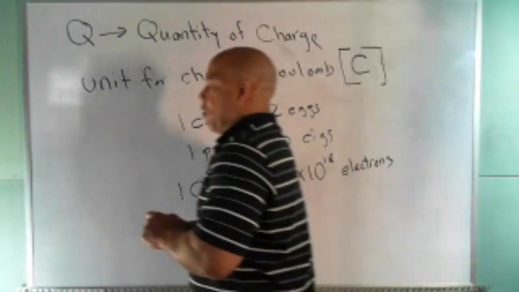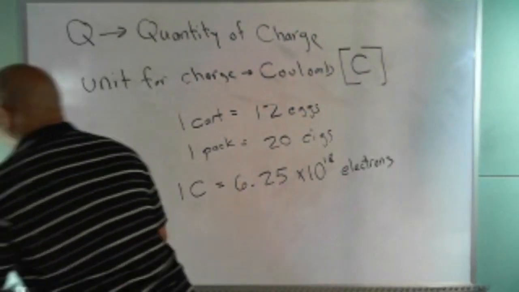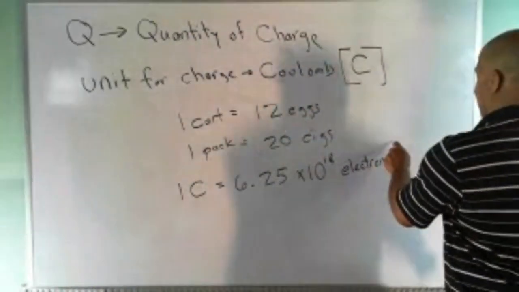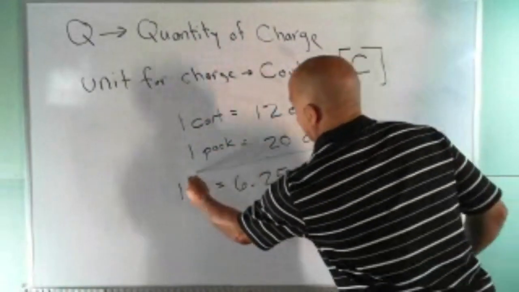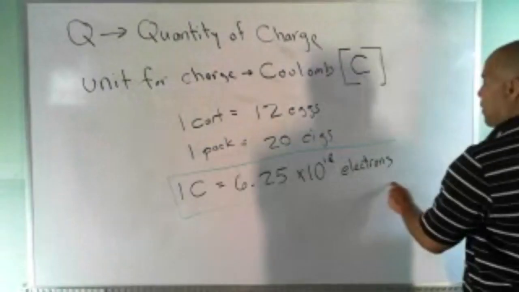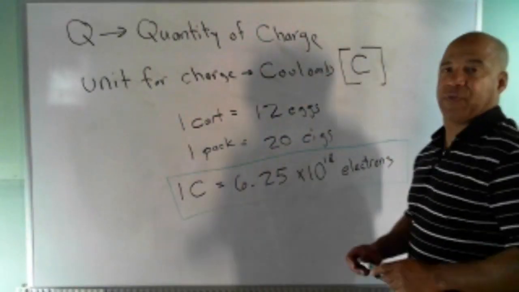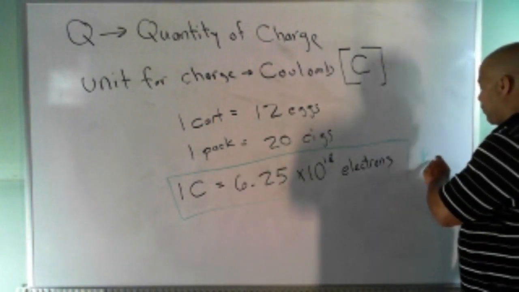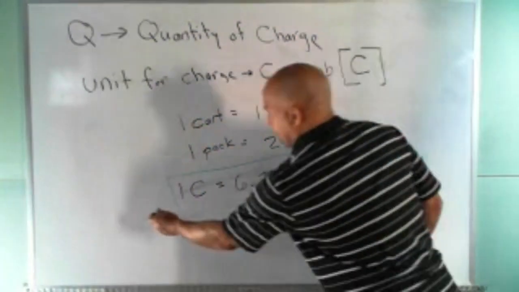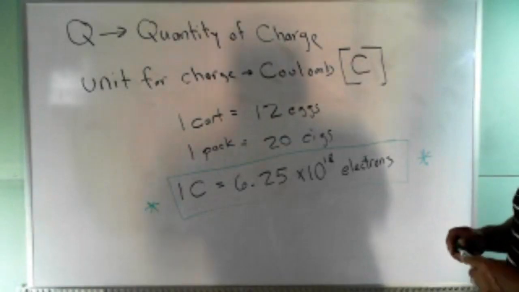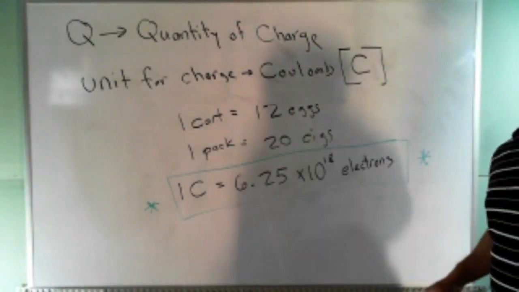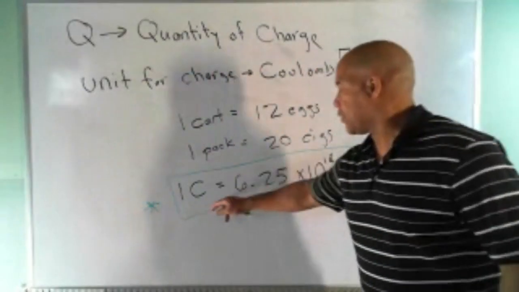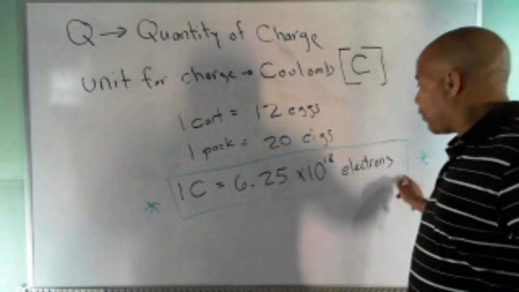You have 1 coulomb of charge when you have this many electrons. That's very important, so write this down. You'll need that. And we can use this relationship to convert from charge to electrons or from electrons to charge.